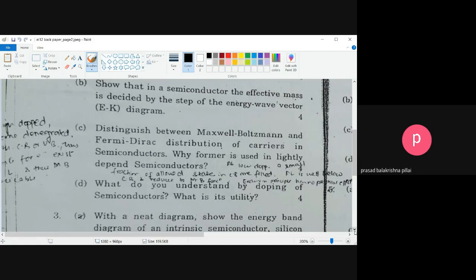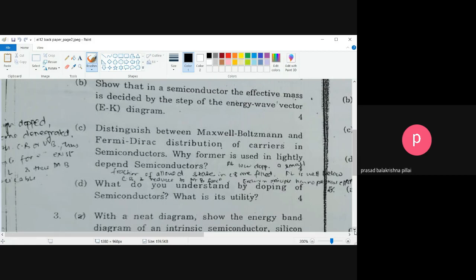As far as the mathematical expressions are concerned, the Maxwell expression is exponential of minus (E minus EF) by kT, whereas the Fermi function is one plus the same thing. In the non-degenerate case, when E minus EF is much larger than kT, the exponential is large, so the one can be neglected.